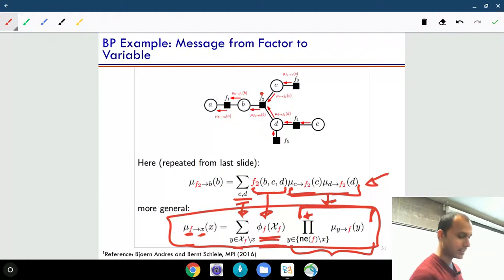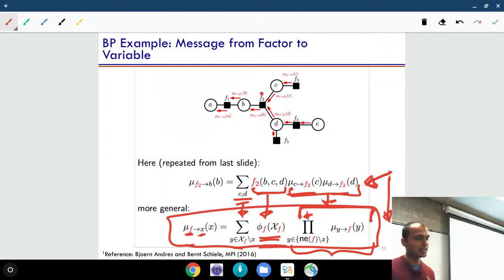In this slide, we discussed the structure in the previous slide, and here I just said we can use a general notation: if I want to pass a message from a factor to a variable, get the messages from the other variables, multiply them with the local factor function, sum over all the variables which are irrelevant to the node I'm passing the message to, and that's the operation.